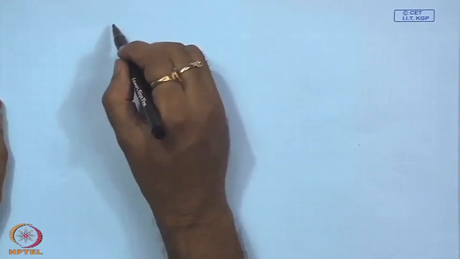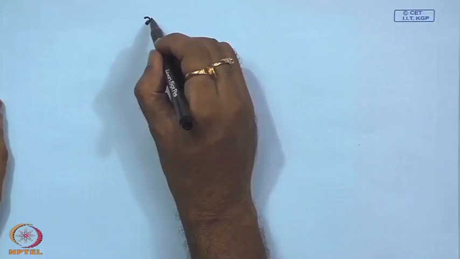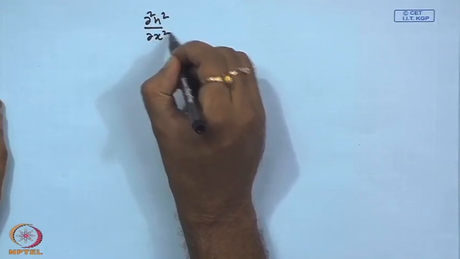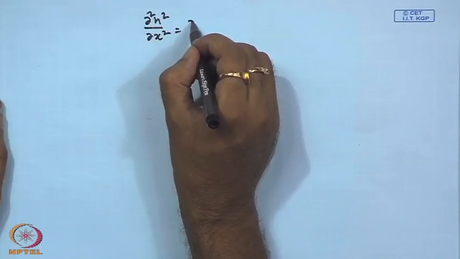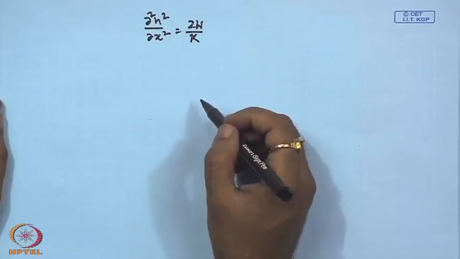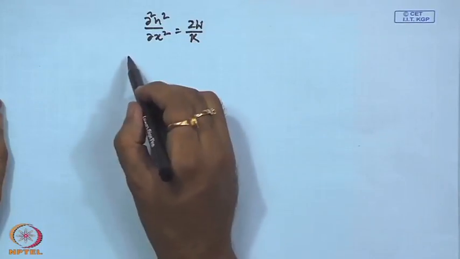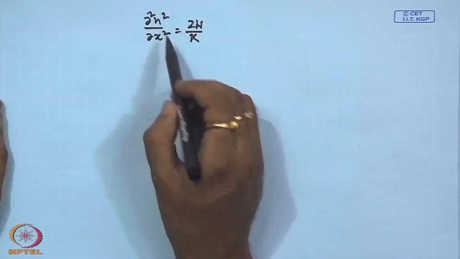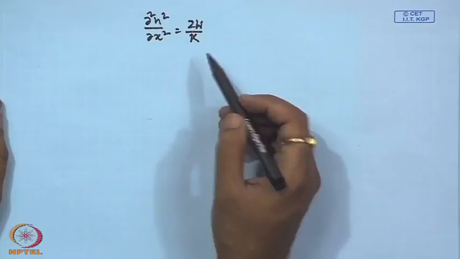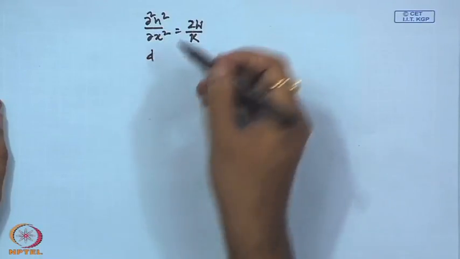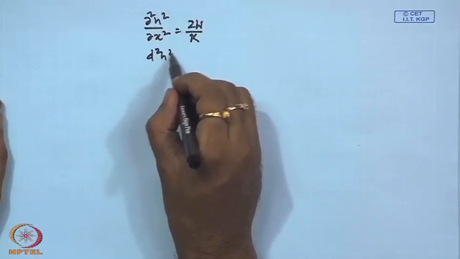So, the final equation will be d2(H2)/dx2 equals 2W/K. Because H is only a function of x, we can write it as an ordinary differential equation.